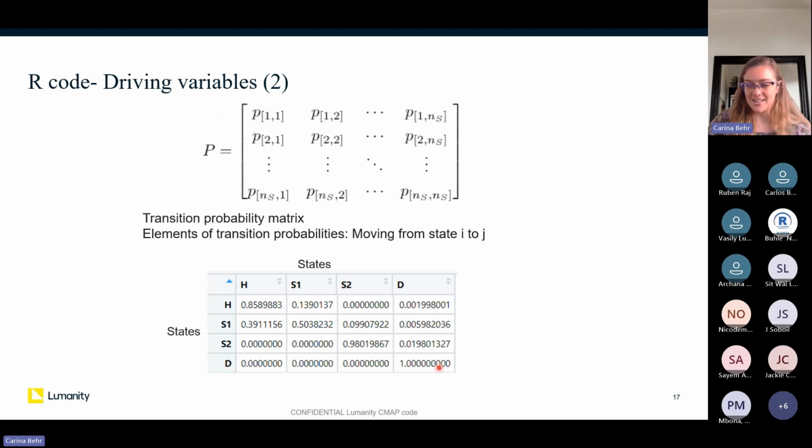You can only stay in dead, so it's the last state. But you can move from healthy, staying healthy. You can move from healthy to sick and to dead, for example. So these are the 2 main driving variables, I would call them, for the model.